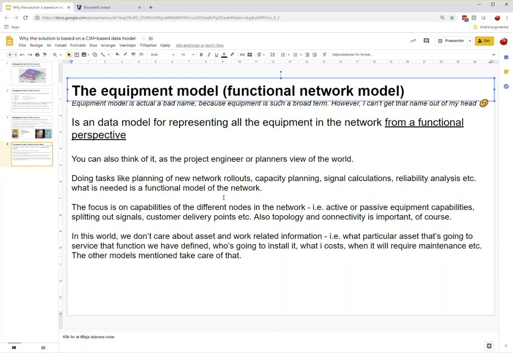Another thing that's very important to understand is that this model will survive all the information in the other models. So the function of the net, let's say you have some nodes and you have some connections to these nodes and you deliver some service to some customer. This is the function of the net. You might replace the cables, you might replace the equipment many times in the lifetime of the equipment model. But the equipment model is the same.